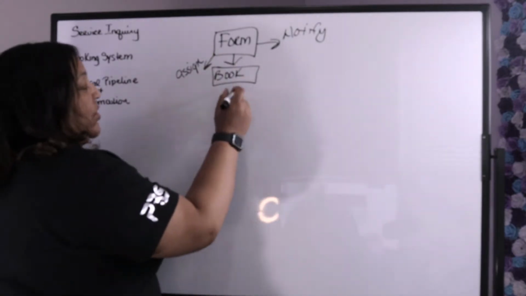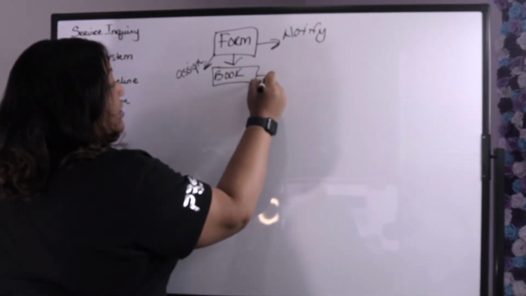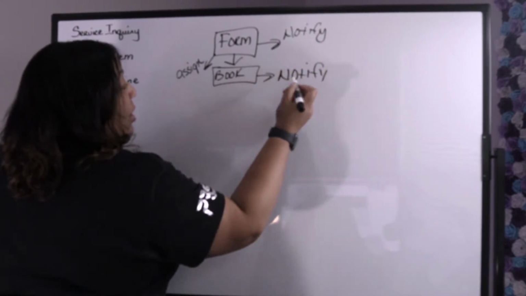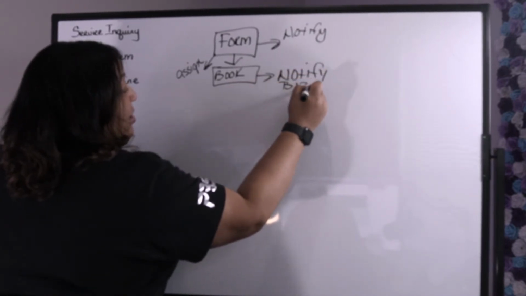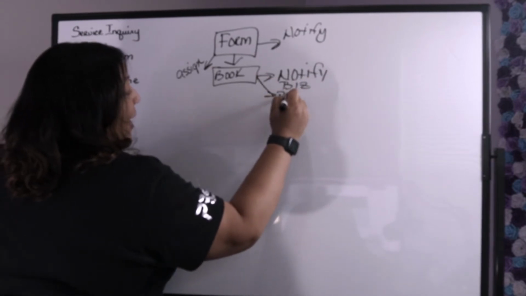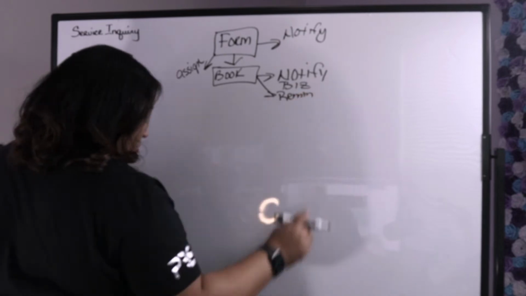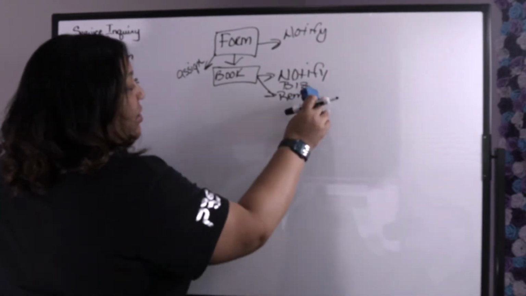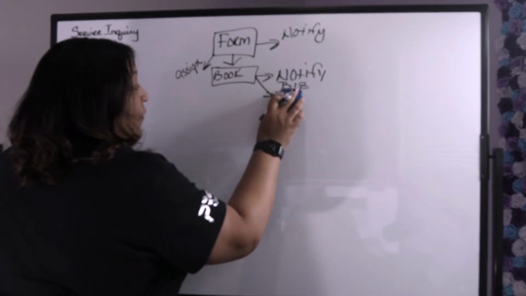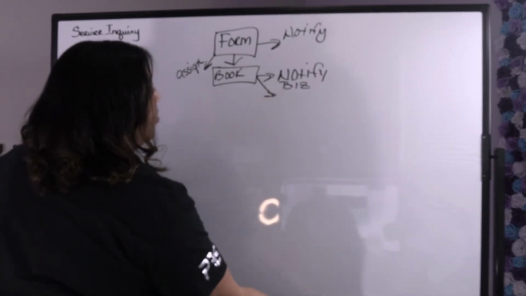Once they book the call, it's going to notify you, the business. And then, of course, it's going to send the reminders and the confirmation to the person that booked the call.